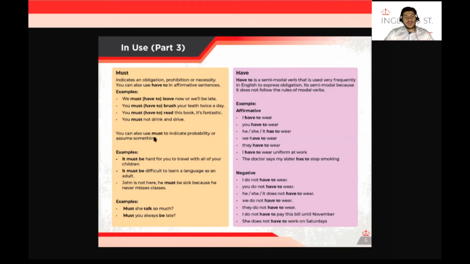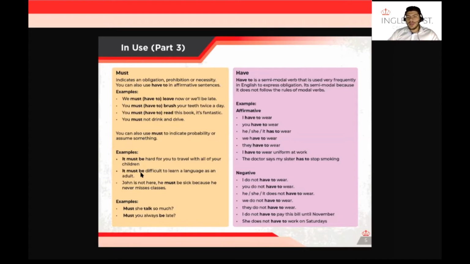You can also use must to indicate probability or assume something. Example: it must be hard for you to travel with all your children. So we usually use must like this, normally with be, because we want to say something that we believe is true, that we are almost sure is true, right?